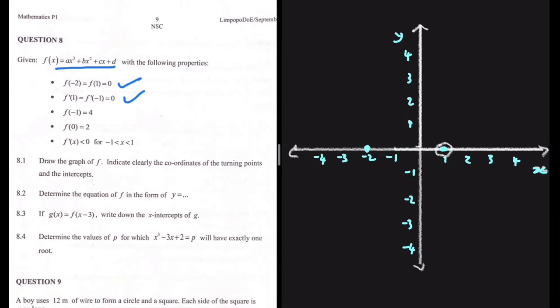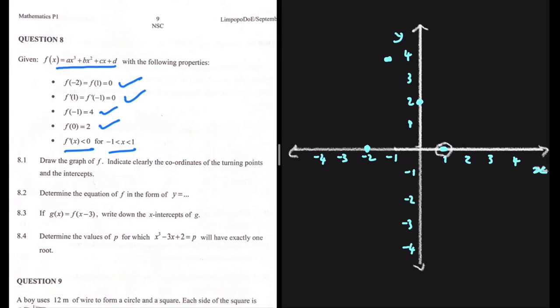Right, and then f of minus 1 is equal to 4. So we have a coordinate here. f of minus 1 is equal to 4. And then f of 0 is equal to 2. That is our y-intercept. The gradient of our graph is less than 0 when x is between minus 1 and 1.